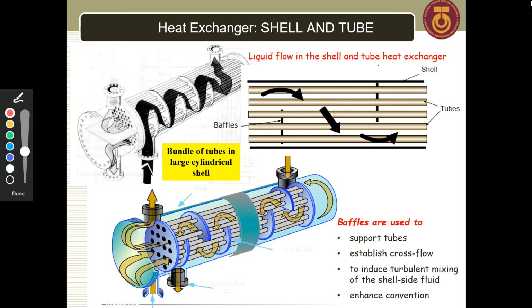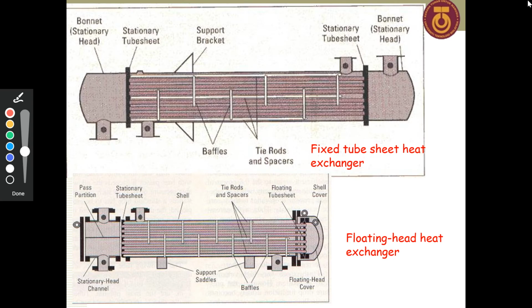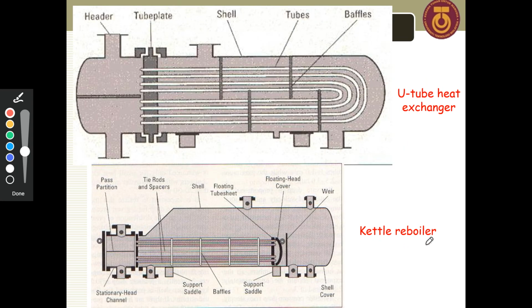Okay, next, another different kind of heat exchanger. I will not explain in detail. You have fixed tube, you have floating head, you also have U-tube heat exchanger, and you have kettle reboiler. Normally the kettle reboiler is used for a distillation column.